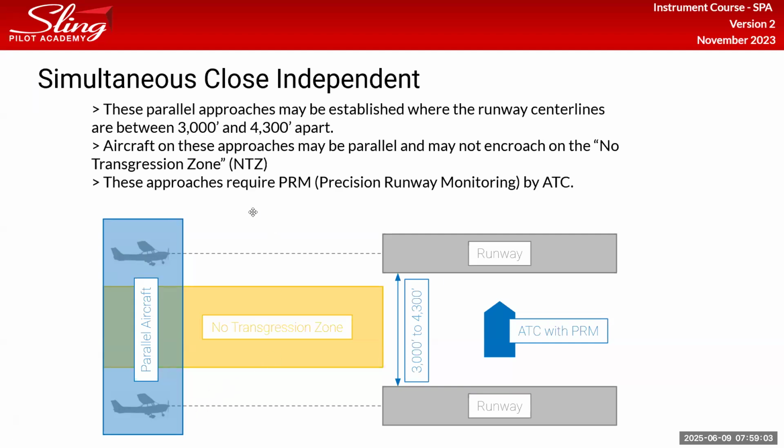Once again, these approaches require precision runway monitoring by ATC. So as we see, the distance between center lines is now a smaller gap, but still allowing the aircraft to be parallel without entering the no transgression zone, but require PRM, precision runway monitoring by ATC.